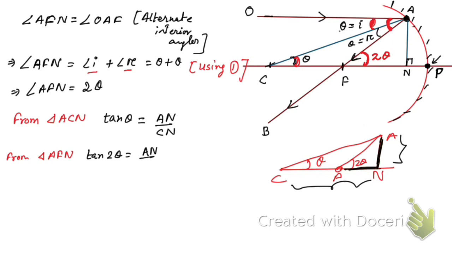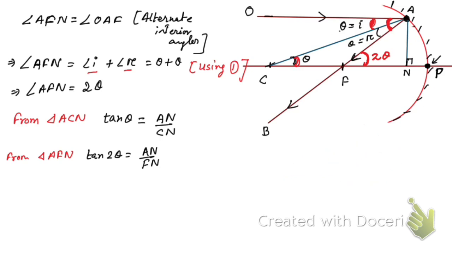Since the incident ray is paraxial in this case, that means this is the mirror, this is the principal axis, and the incident ray OA is very close to the principal axis.